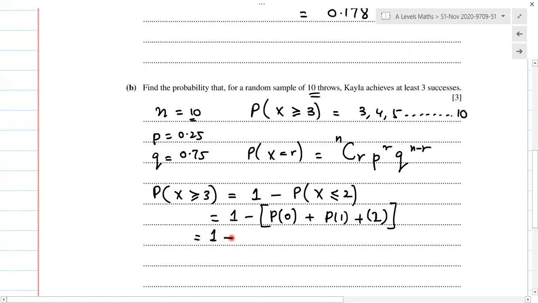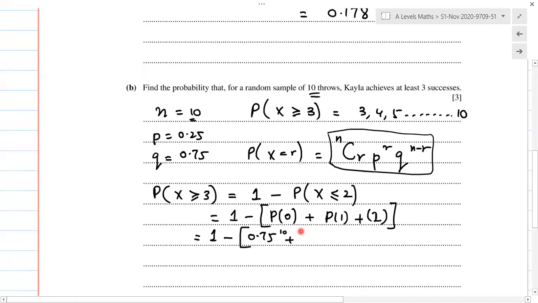So 1 minus, now the probability of 0 will be 0.75 to the power of 10. We are using this formula for all of these, for 0, 1, and 2.